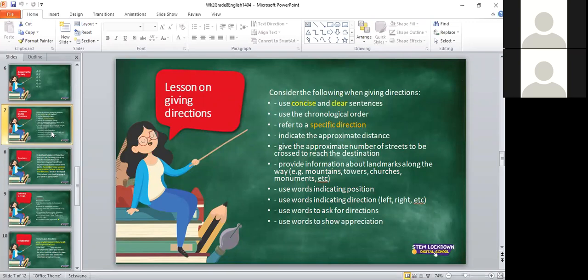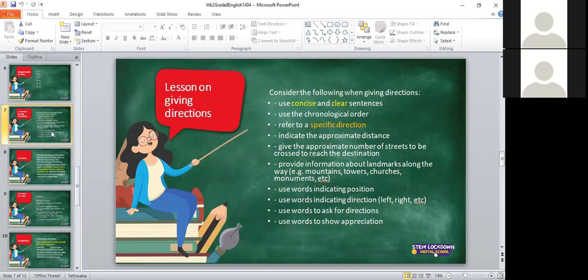So you avoid being vague. Whatever sentence you write when you give directions, in exams or in a task you are given, you use concise and clear sentences. What does that mean?